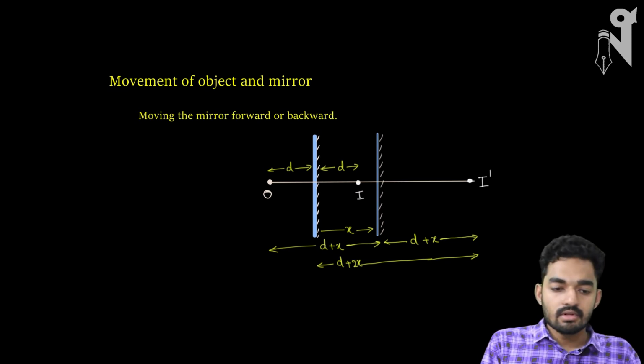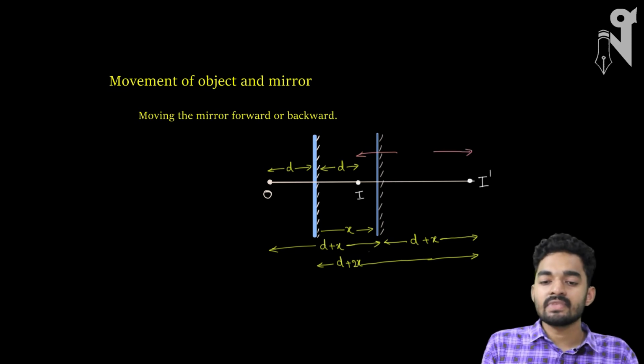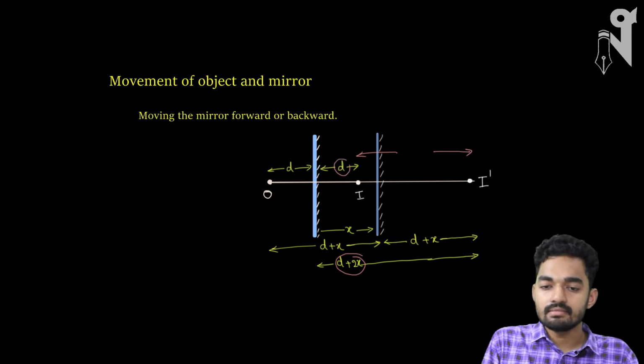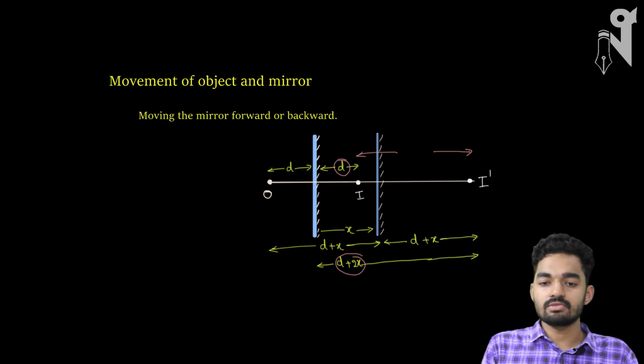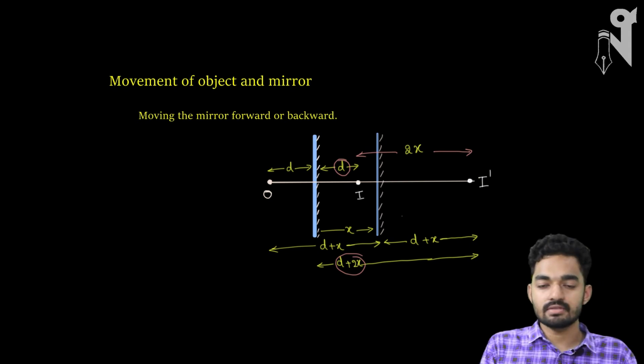So now if I observe the distance moved by this image, it would be this distance, and that distance is nothing but d plus 2x minus d, right? So d plus 2x minus d is simply 2x. So therefore you can see that the image has moved by a distance 2 times x.